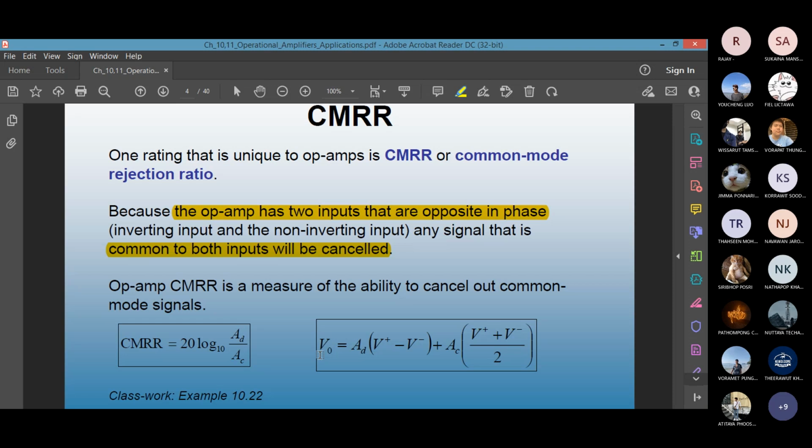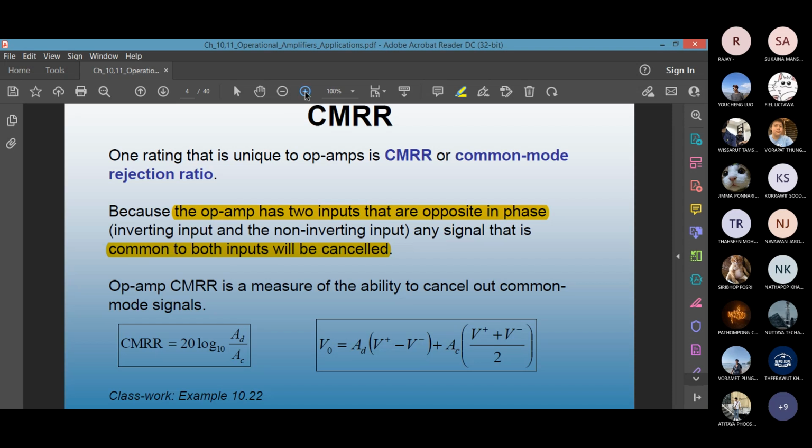And then Vout, on the right hand side, the equation for Vout is the output equation of the op-amp. AD times what? This is V plus minus V minus. What is the meaning of that? The voltage at the non-inverting pin minus the voltage at the inverting pin.